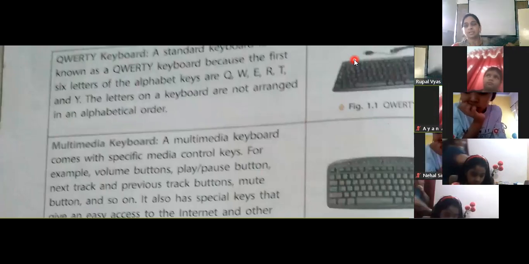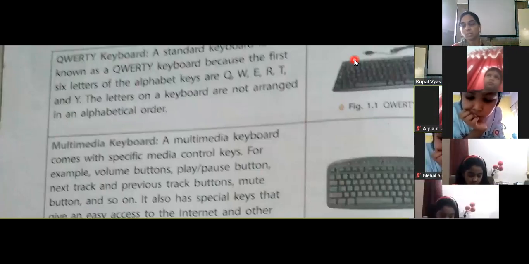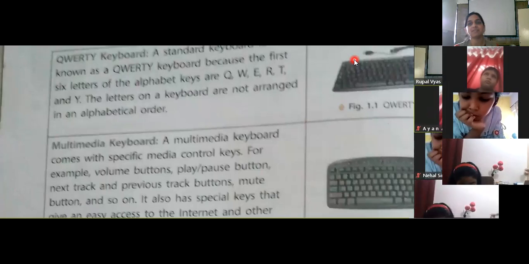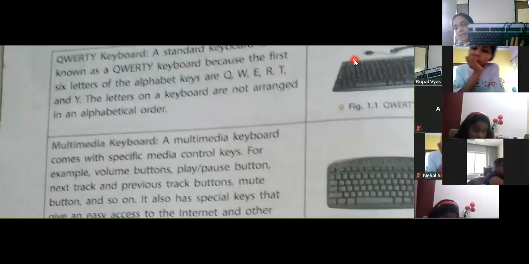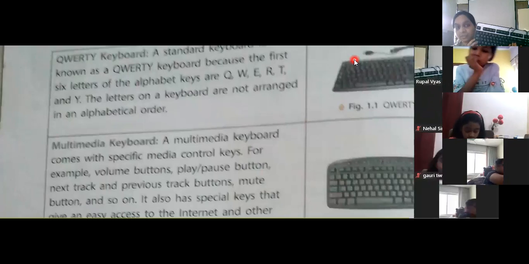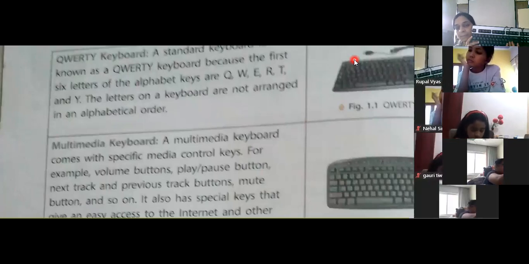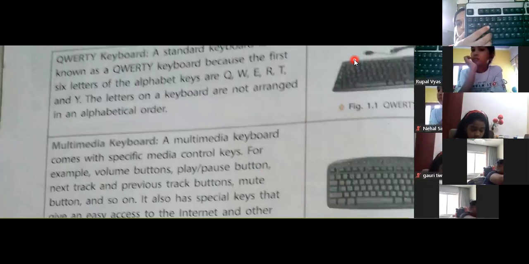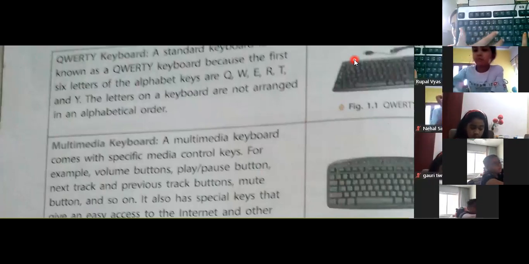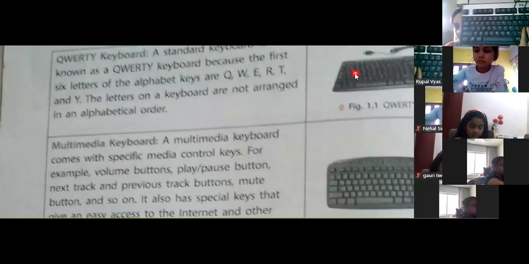Yes, this one. So the upper keyboard is the QWERTY keyboard. This is the very basic keyboard. We all have seen such a keyboard, and the important thing to remember is why it is called QWERTY: because the very first line is QWERTY.